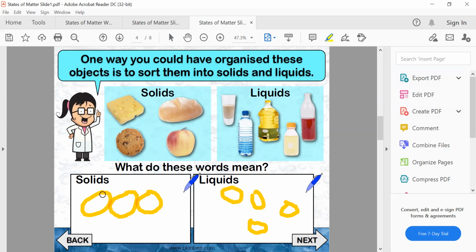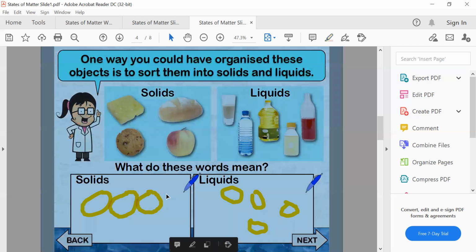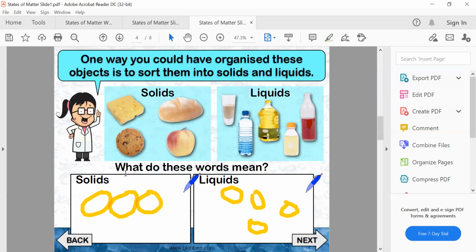When we break the bread, we draw a line down the middle to show the molecules get broken. But the fact that these molecules are tightly put together shows it's a solid, and when they're spaced out a little bit, so the liquid can move and travel from one bottle to another, it shows it's a liquid.